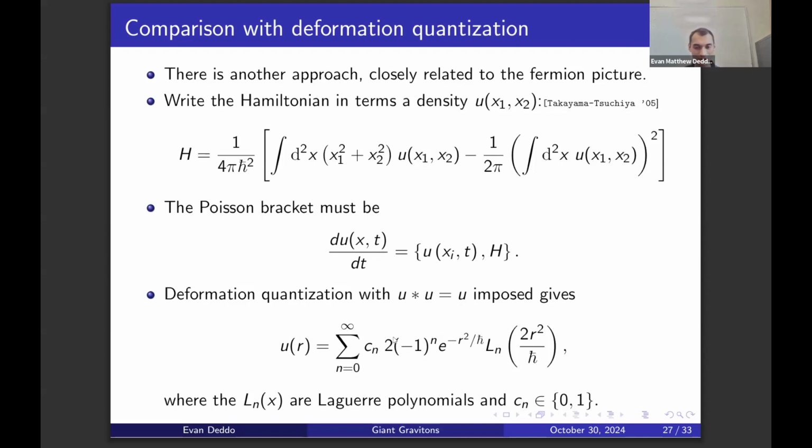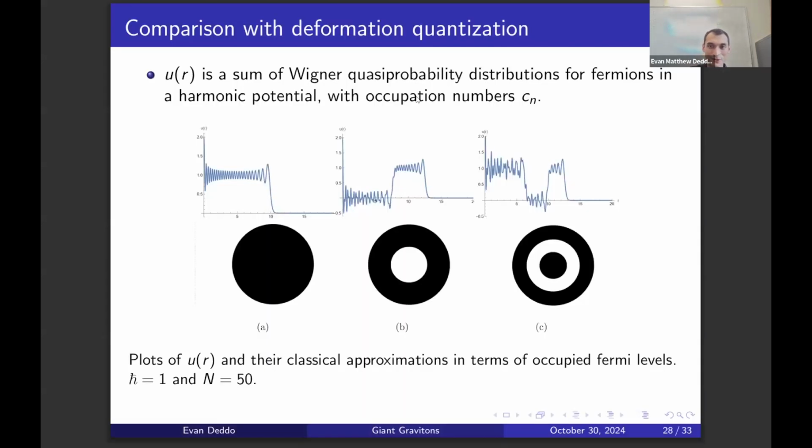This function basically agrees with this Wigner quasi-probability distribution. We think of these fermions as moving around in orbits in phase space, and we have some incompressible fluid of these, and once we quantize this, it is no longer just a distribution that's 1 or 0. There's some fuzziness to it.